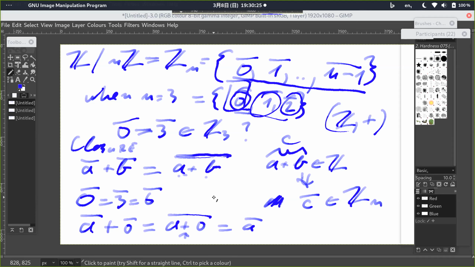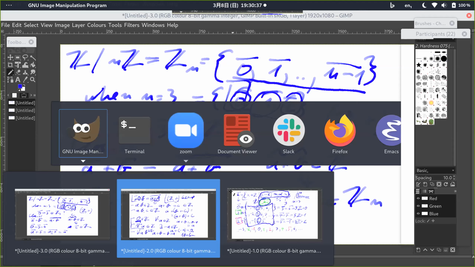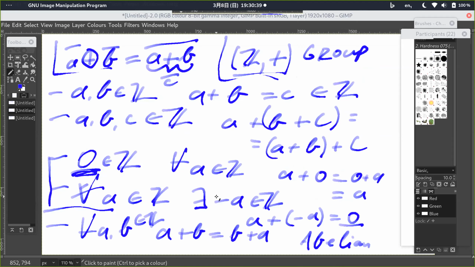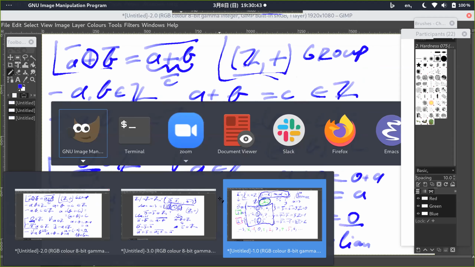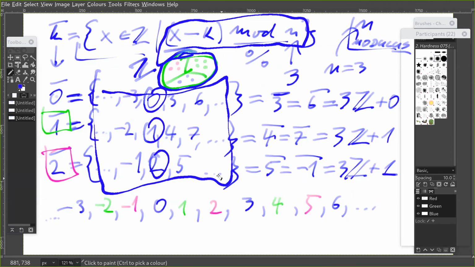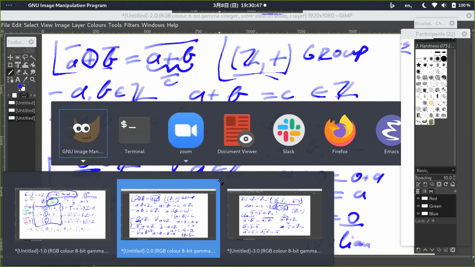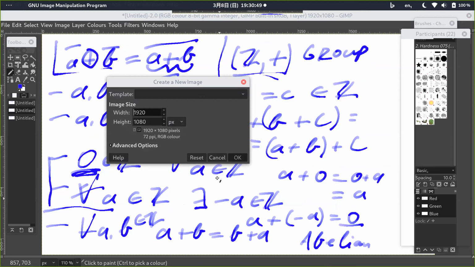Emil, I have a question. In the 0 residue class, if we were to add the two sets, can we add element-wise? What do you mean add? Like the plus. Let's say we have the residue class 1 with a bar above it, and the residue class 0 with a bar above it.